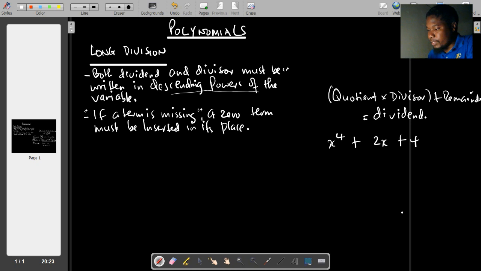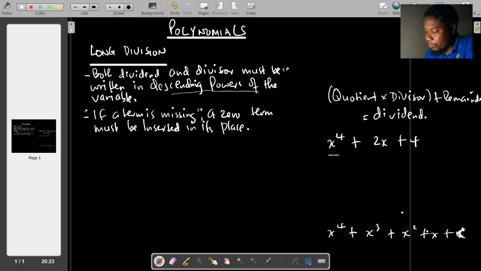Normally these expressions are supposed to take the form, if it's starting with x to the power 4, the next one must be x to the power 3, the next one must be x to the power 2, then it has to be x, then we end with a constant, which may be c. So we have to have every term descending like that in order.